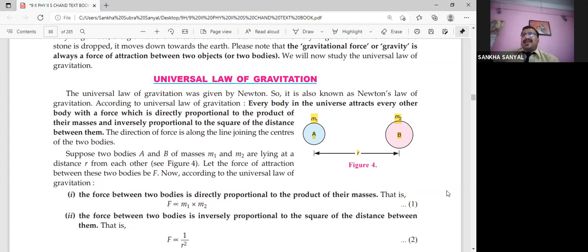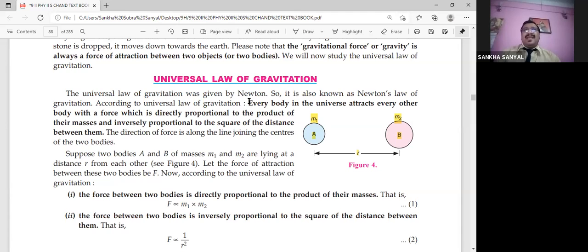It says that any two bodies on the surface of the earth, or maybe in the universe, will be attracted towards each other. I'm talking about this body A and this body B. They will be attracted towards each other with a force which is directly proportional to the product of the masses between them.